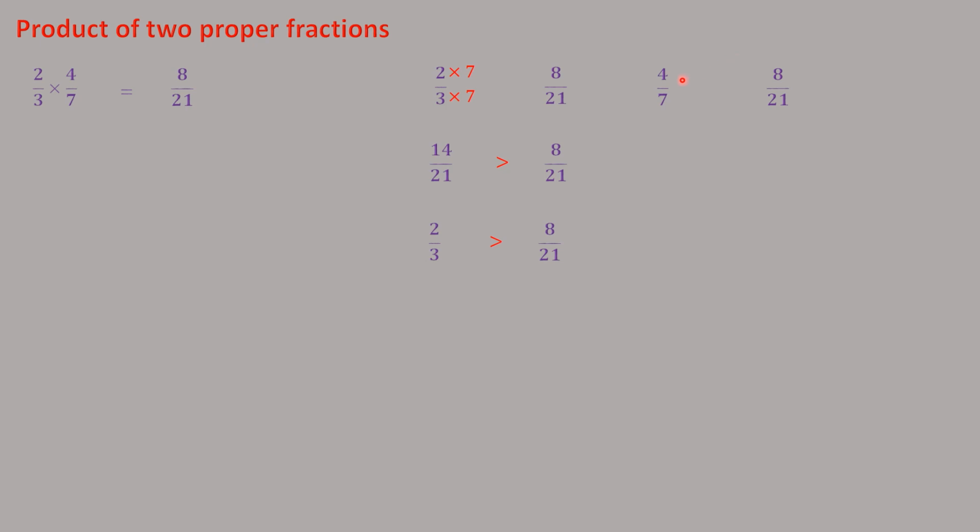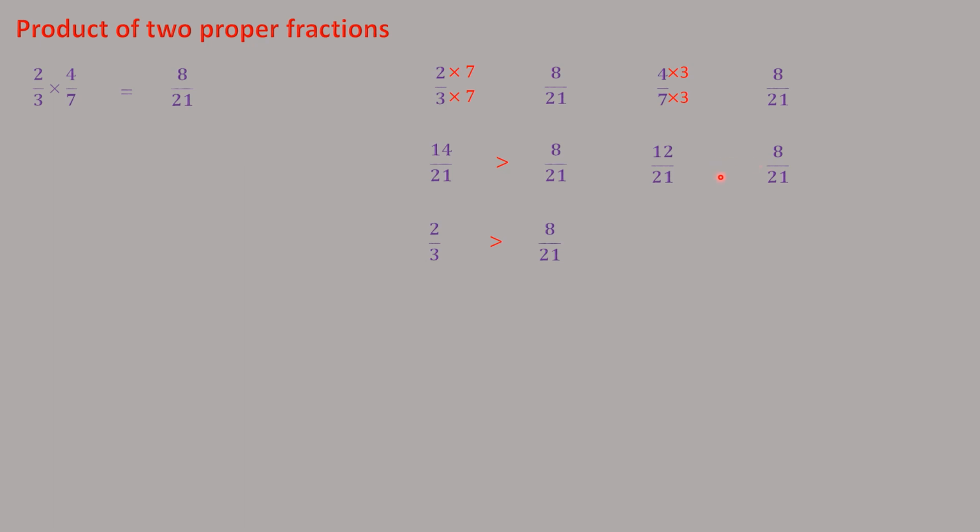Now compare another fraction, that is 4 by 7, and the answer, that is 8 by 21. Now compare these two. Here also the denominators are not equal. Make them equal. For that, multiply this by 3, so that this becomes 21. If you are multiplying the denominator, you have to multiply the numerator also.